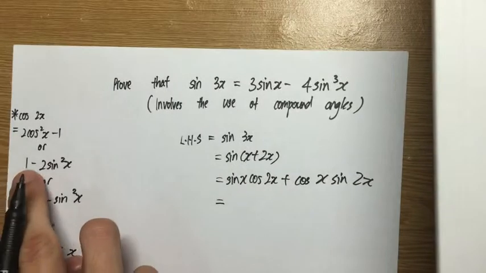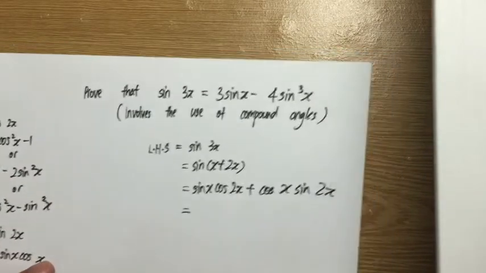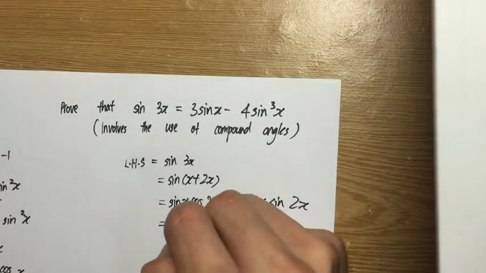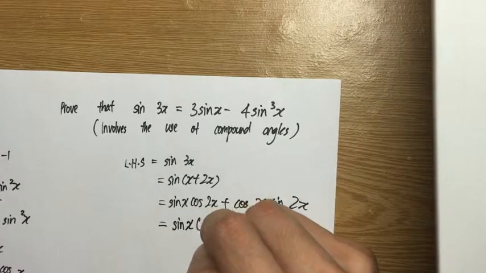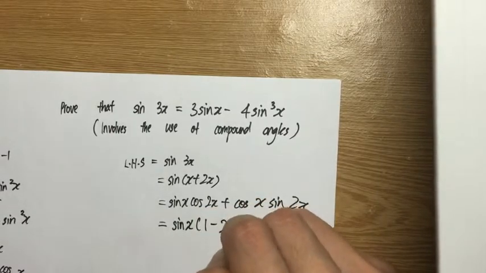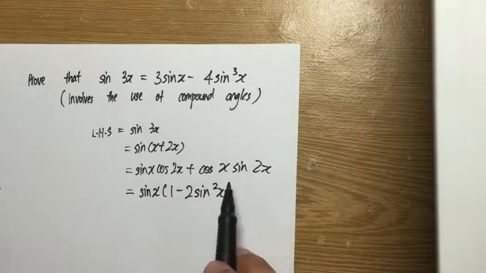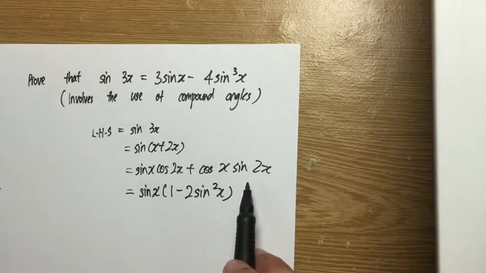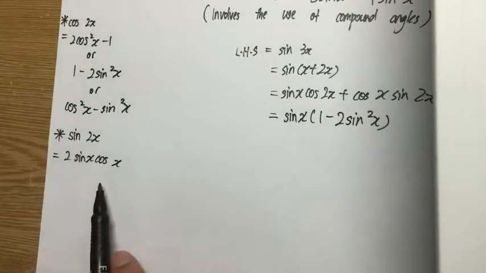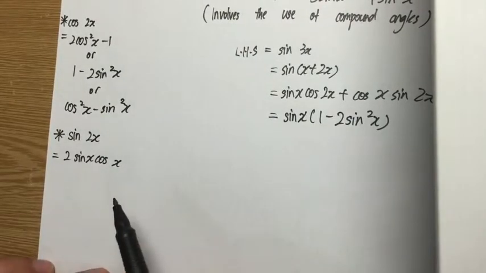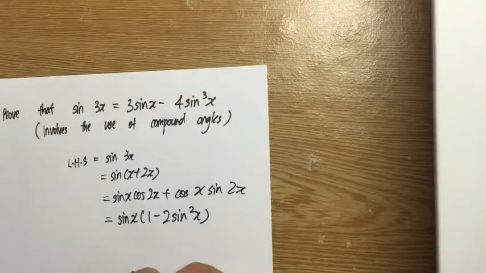By putting in the second identity into here, we will get sine x times 1 minus 2 sine square x. Right now, we just have to substitute sine 2x as 2 sine x cosine x to continue this question.